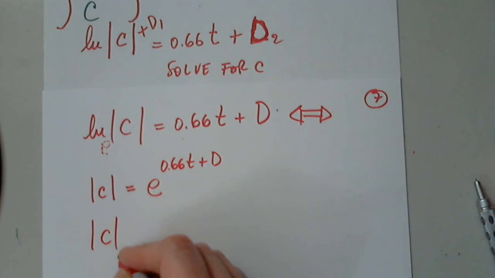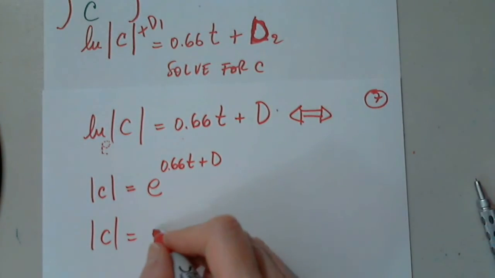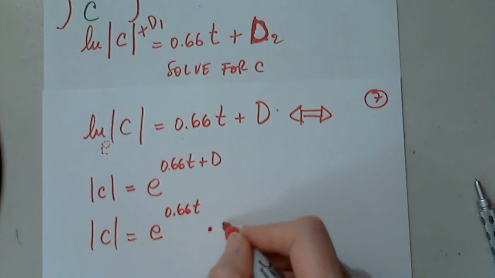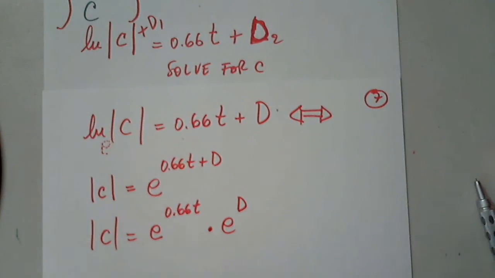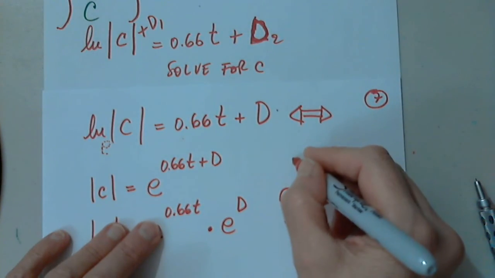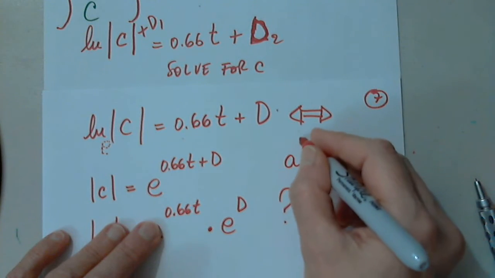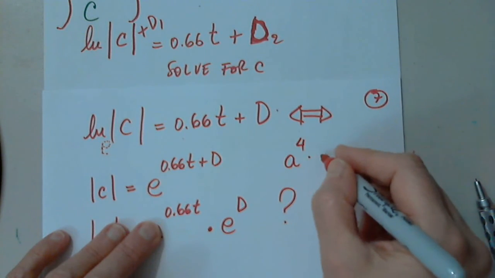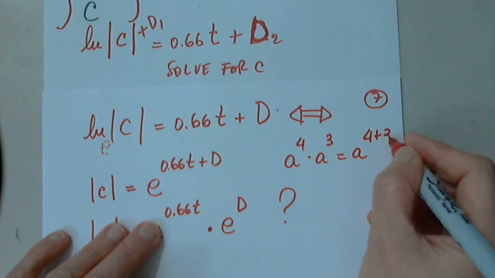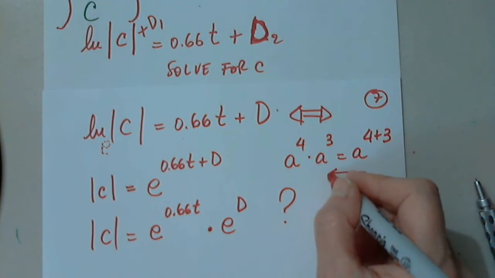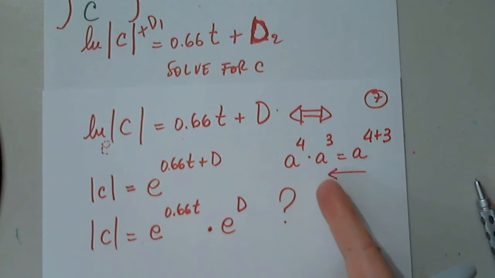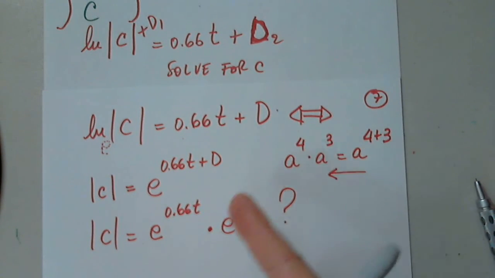Now, the absolute value of c can be written as e to 0.66t times e to d. Where does this come from? Remember, when we have a to the 4th power times a to the 3rd power, we write a to 4 plus 3. But we can go back. A to 4 plus 3 is the same as a to the 4th times a to the 3rd. This is what I did here.